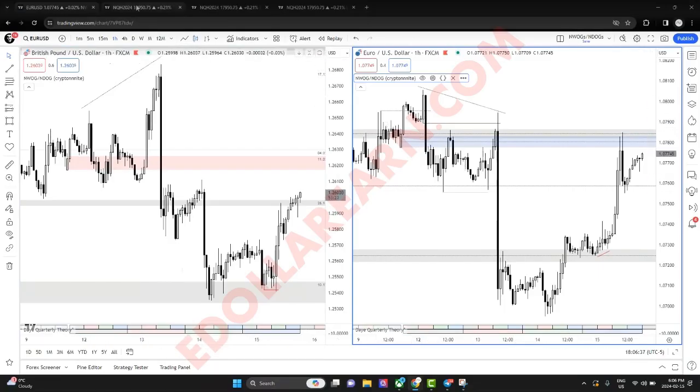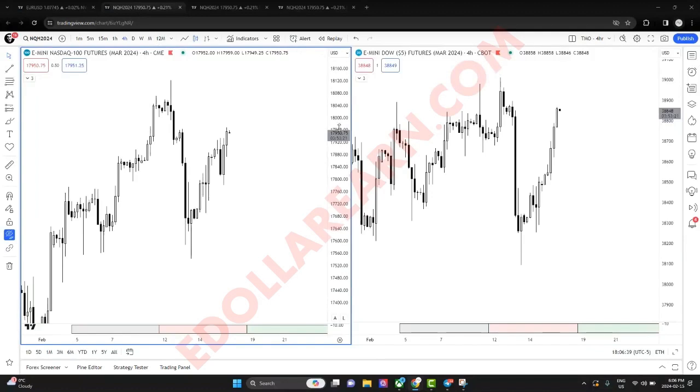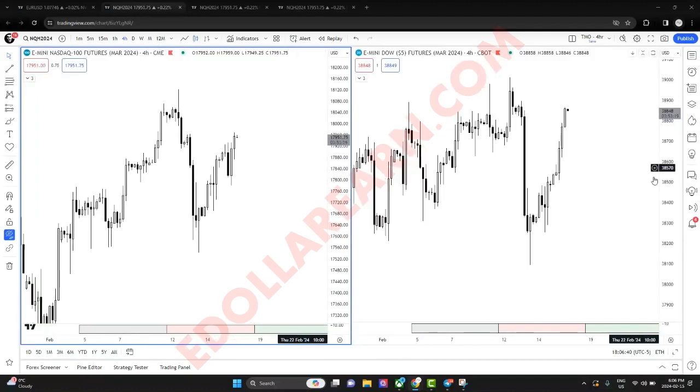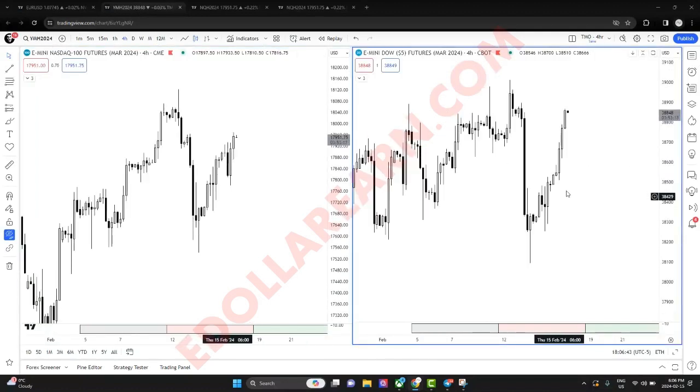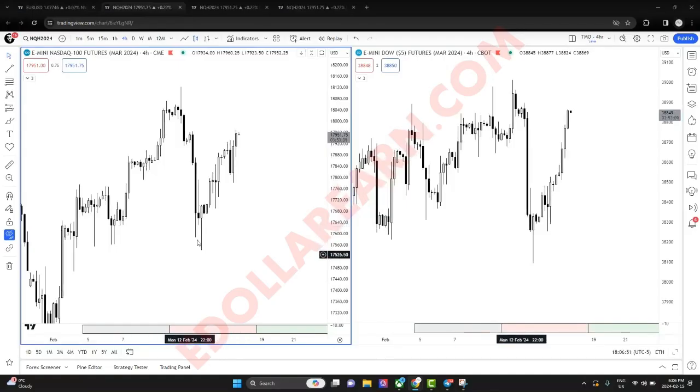And now we'll introduce a new concept, right? This is the hidden sequential SMT, right? By just looking at this raw chart, you guys can see that we had SMT between these lows here, right?